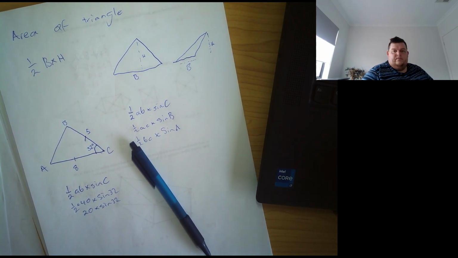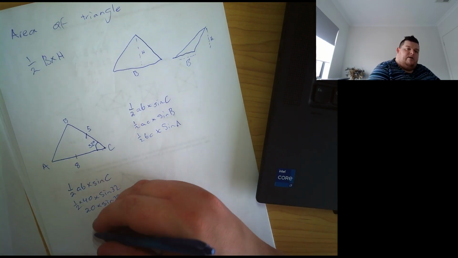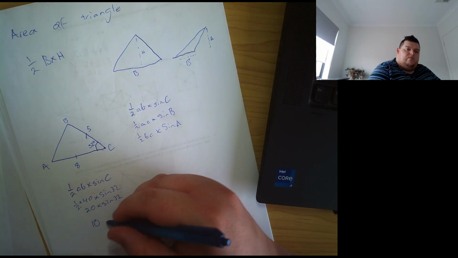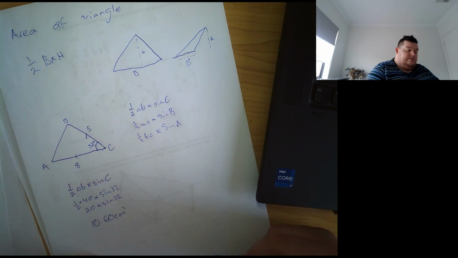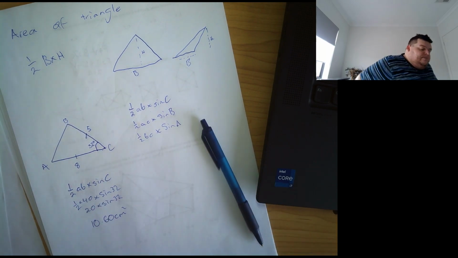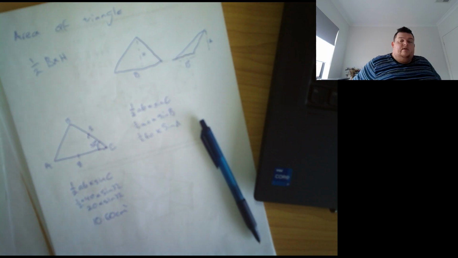Sine 32 times 20 gives me an area of 10.60 centimeters squared.